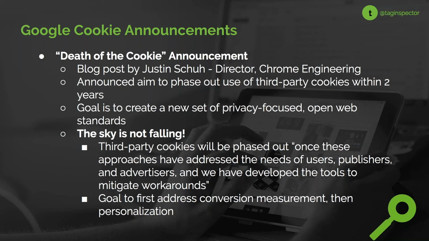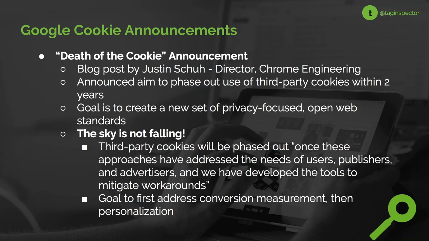That multi-touch attribution is made possible by being able to identify a user in all of those different venues. So the first goal here with the restrictions on third-party cookies is to address conversion measurement, and then following that, to address personalization and making sure that personalization is still possible within your web environment for users, even without the traditional use of third-party cookies.